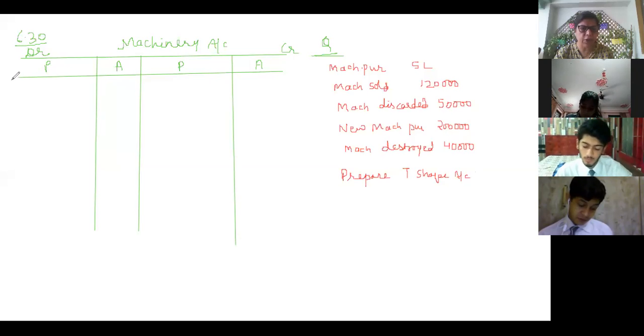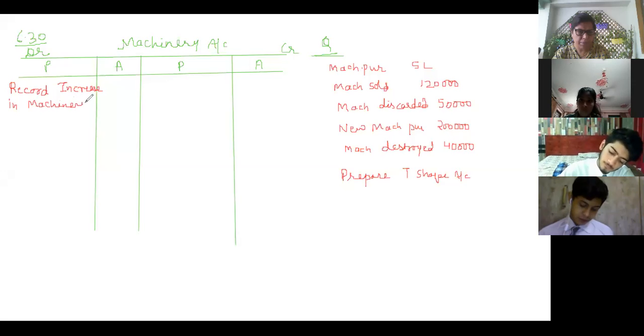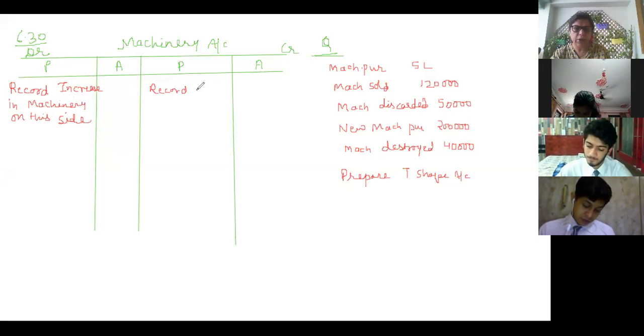So in the same way, you will write the record: see, increase in machinery on this side, and on this side you will write the record of decrease in machinery.